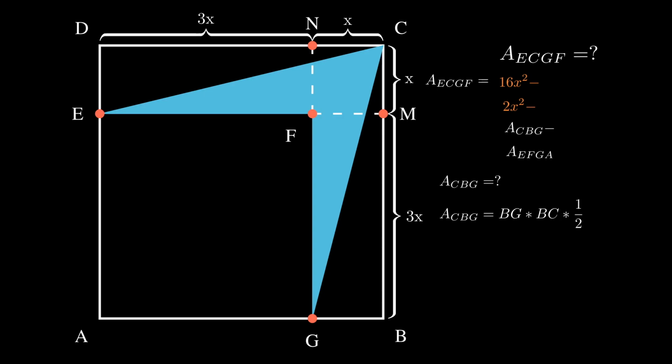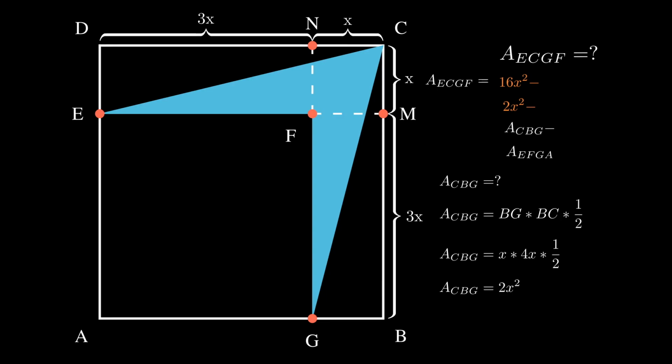And in our case, it becomes BG multiplied by BC divided by 2. BG has the length of x, BC the length of 4x. And when we do the calculation, it becomes 2x squared. We plug it back in the initial calculation.